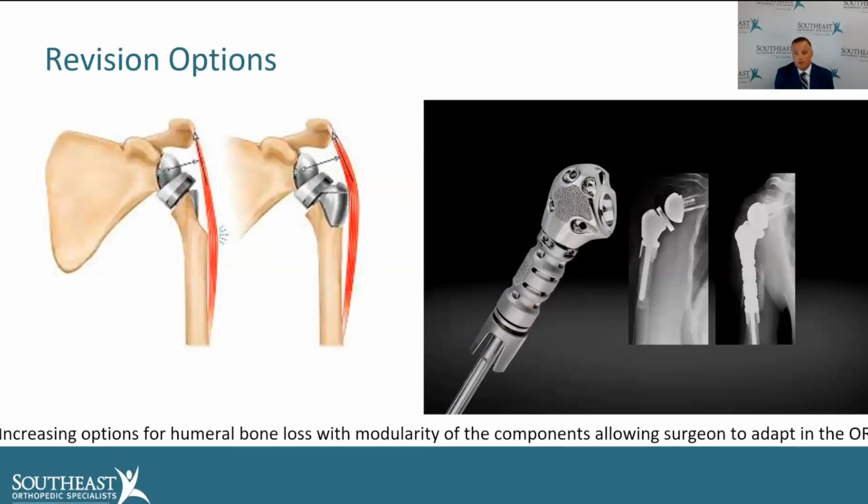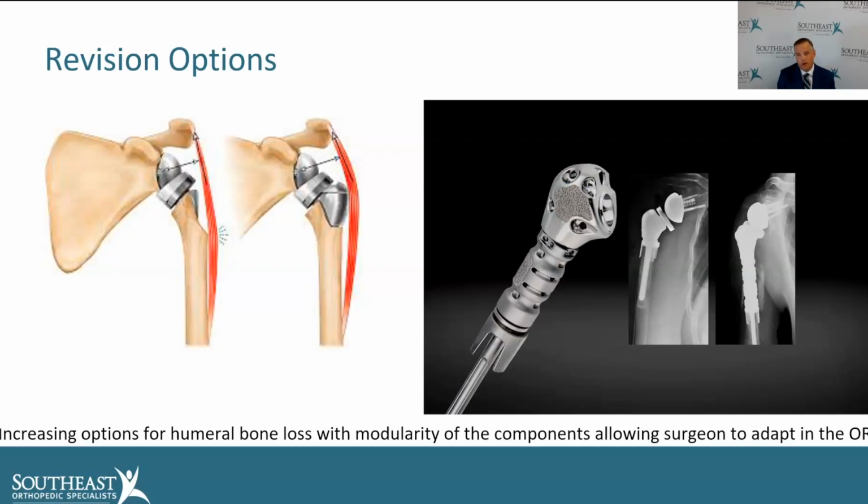Revision options are continuing to improve for the humeral side as well. So as you have to revise the humerus, we worry about bone loss, both in length, but also in the greater tuberosity, or the bump that you see there on the humerus. And we've determined that that has an effect on the function of the shoulder.